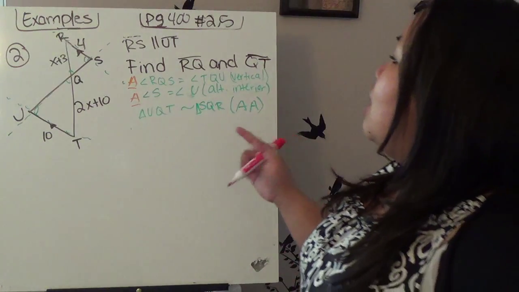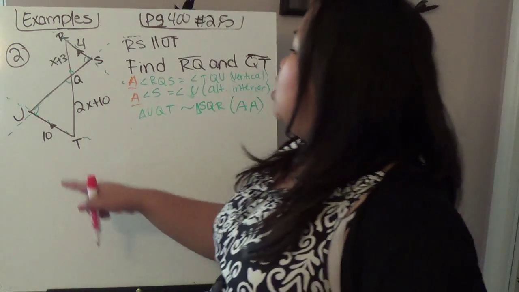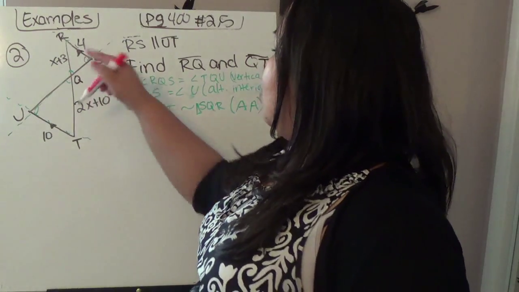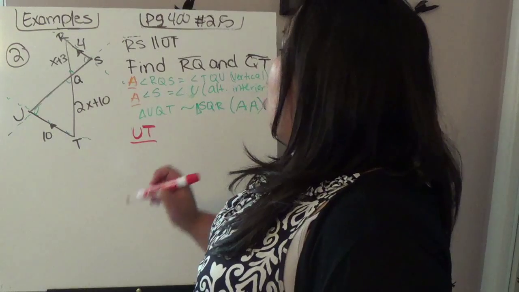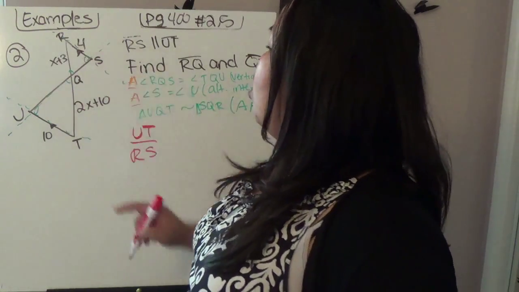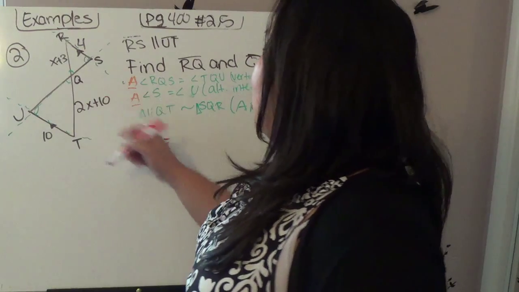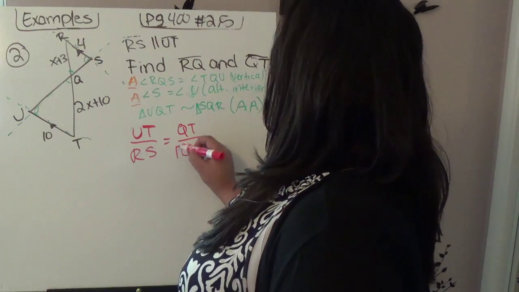So what I mean is, because these are proportionate, all their sides are proportionate. Since U equals S and T equals R, I know that UT and RS are corresponding, and I know that QT and RQ are corresponding.